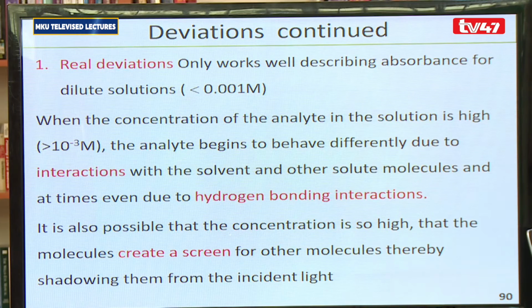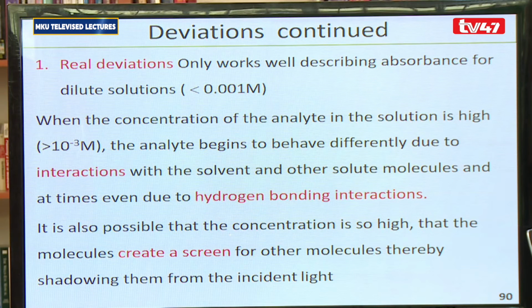Now, the deviations from the Beer-Lambert law can be divided into three major categories. We have the real deviations, which are limitations from the way the law was derived. This law only works well for dilute solutions.